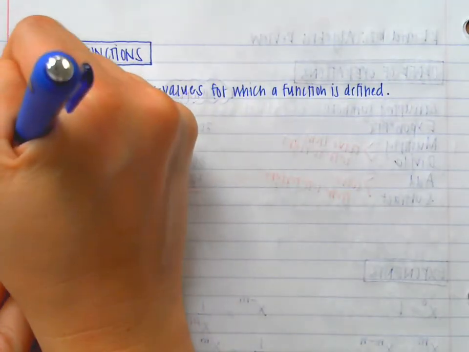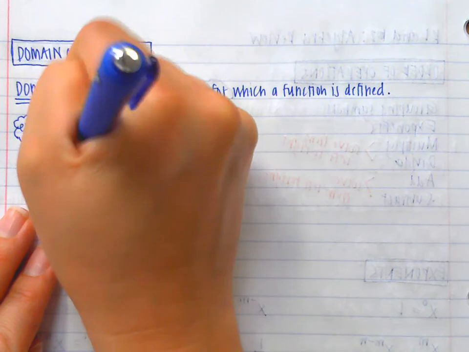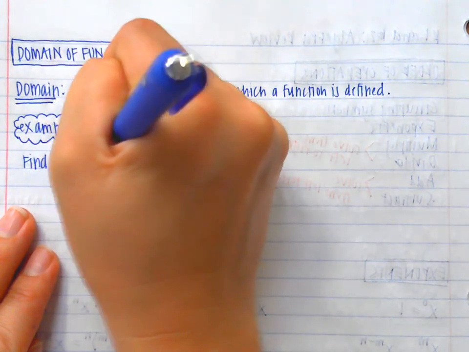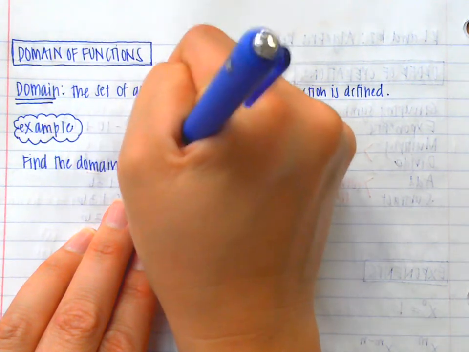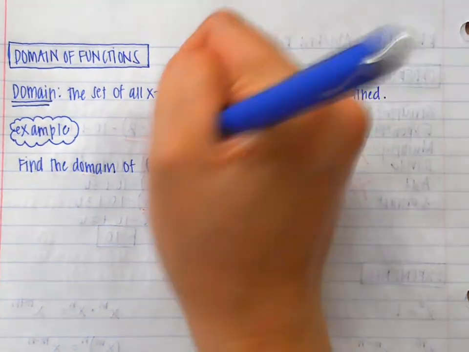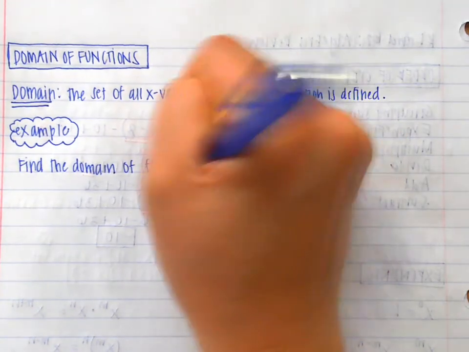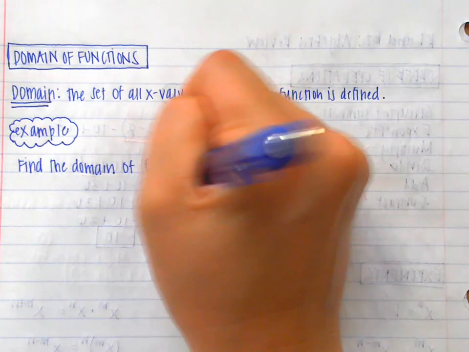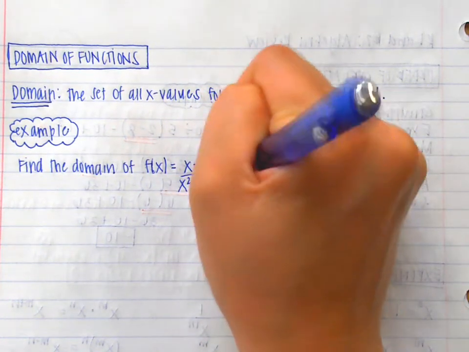Our first example is just going to be: find the domain of f of x. Remember, f of x is just a fancy way of saying a function, and that's f of x equals (x - 3) over (x squared - 5x + 4).